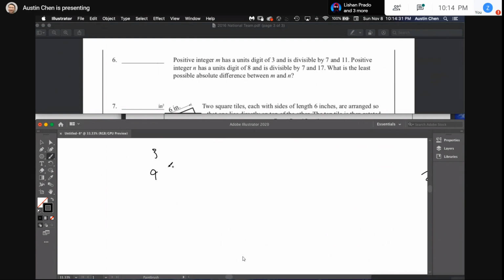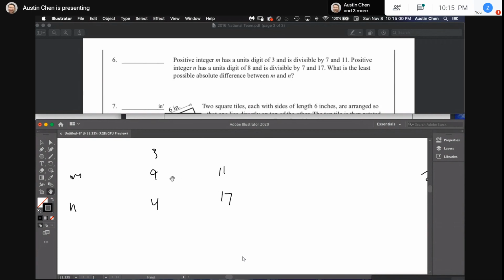The other units digits should not work here. So m will have a units digit of 9, and n will have a units digit of 4 after we divide both by 7. And they will still be divisible by 11 and divisible by 17 respectively.